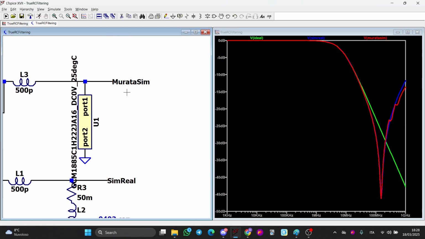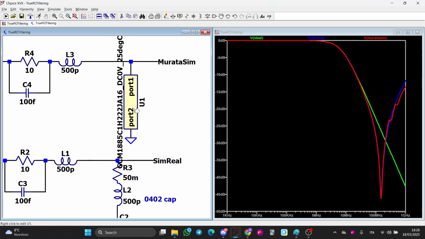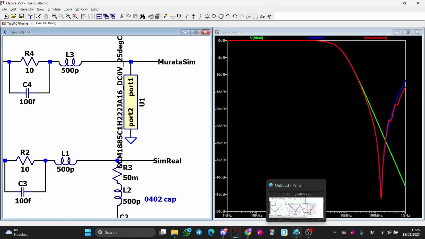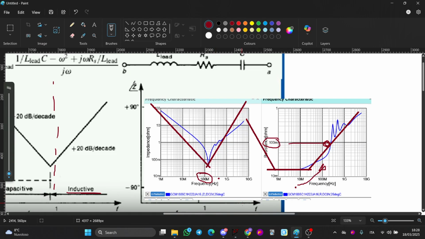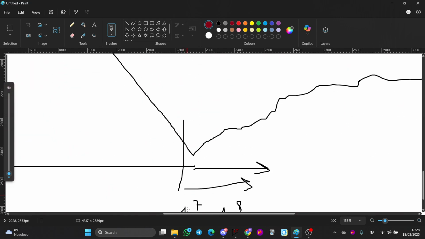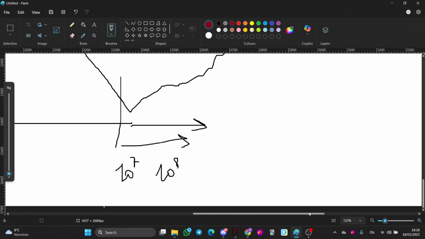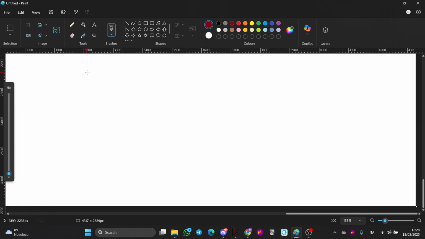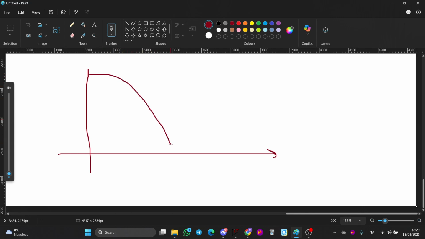But the Murata simulation, since it has so many values, it accounts for the third pole that I don't see here. So basically, the thing is, you can model as many parasitics as you want. Now we modeled something like this, but in reality, the Murata simulation can go even beyond something like this.